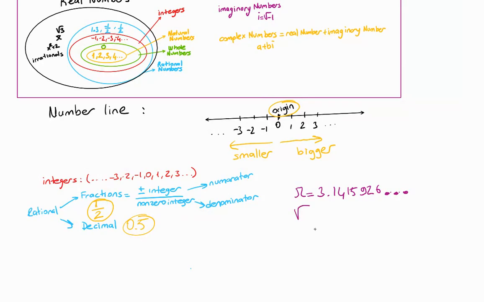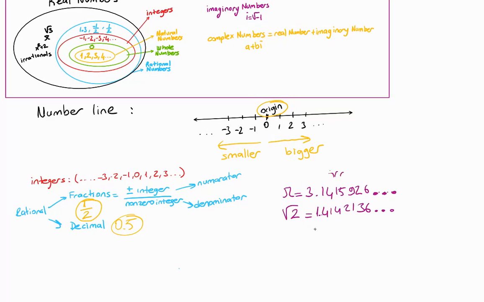And let me give you one more example, like the square root of 2 is 1.4142136 and so on. So these 3 dots also never end. So these are irrational numbers.